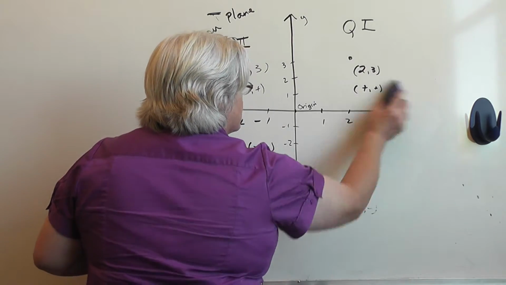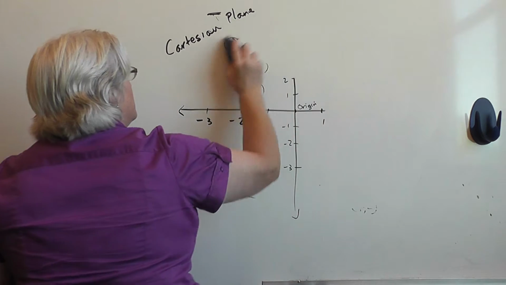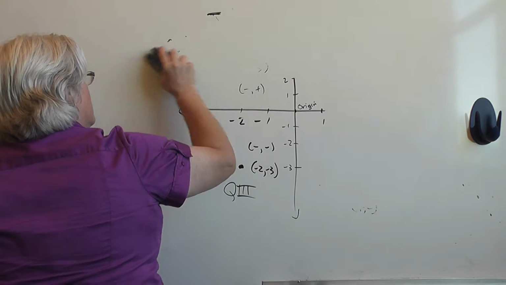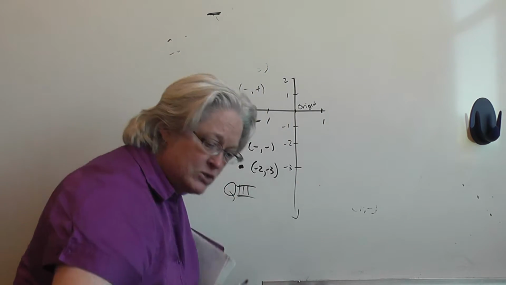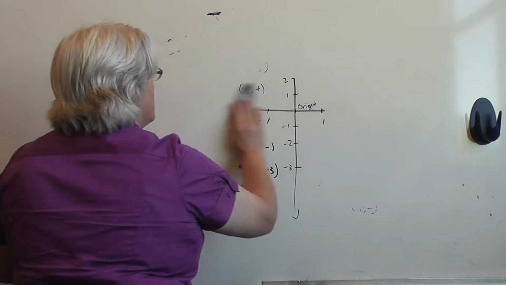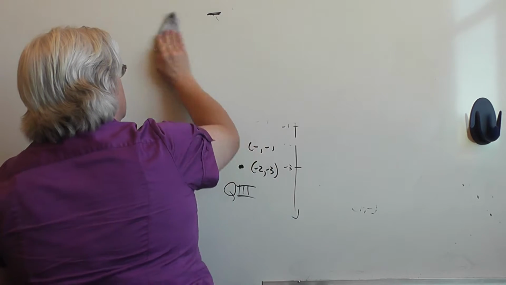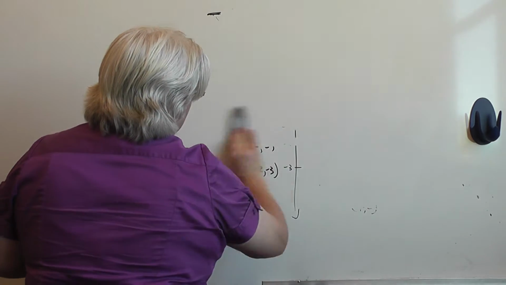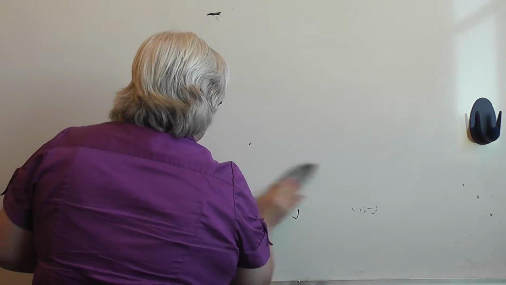So you can use set notation, you can use the idea of functions, which is domain and range, or you can use a grouping of ordered pairs to identify a relation.